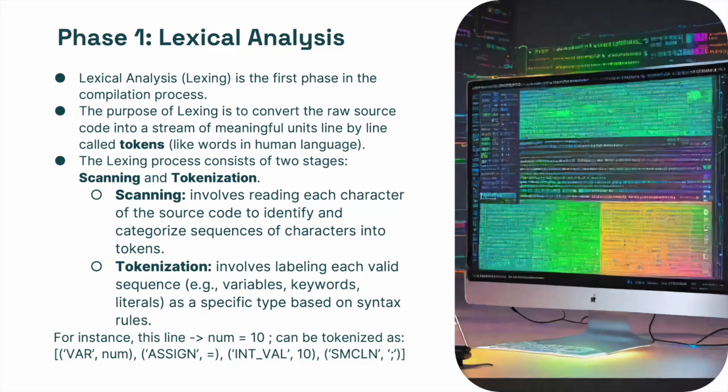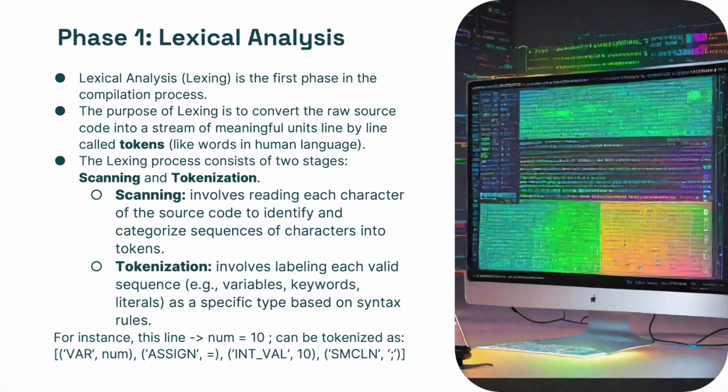That's exactly what lexing does to your code. It has two steps. First, scanning, in which we go through all characters in your code to find meaningful sequences, and then we tokenize them, where we label all those sequences.